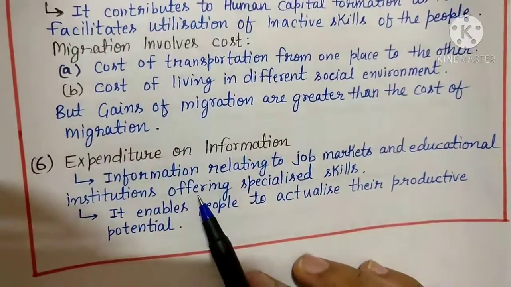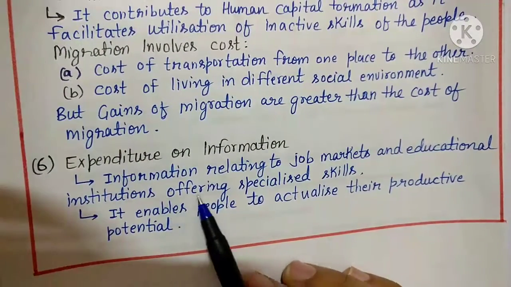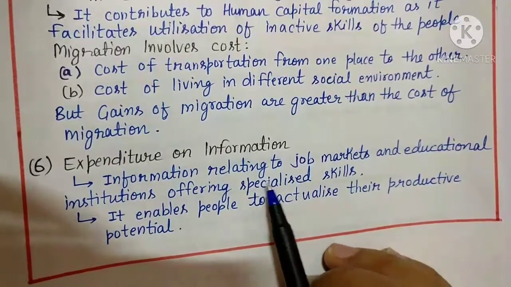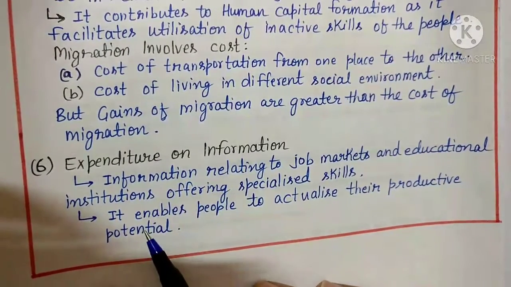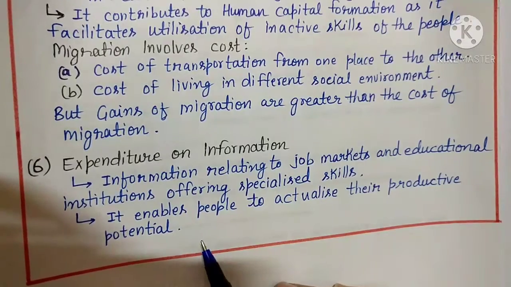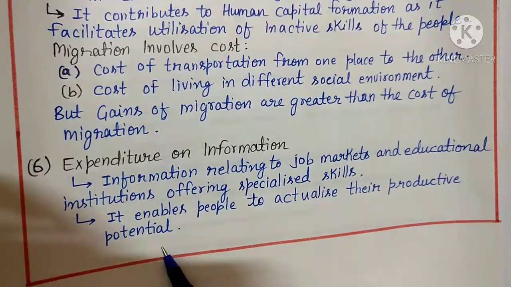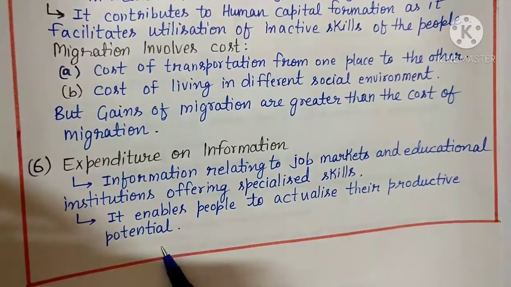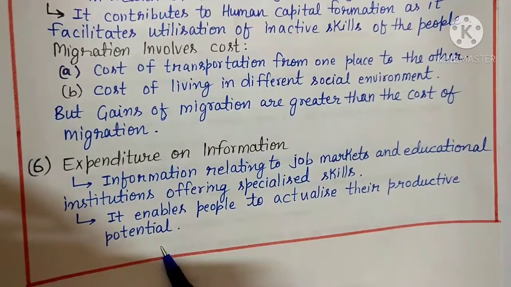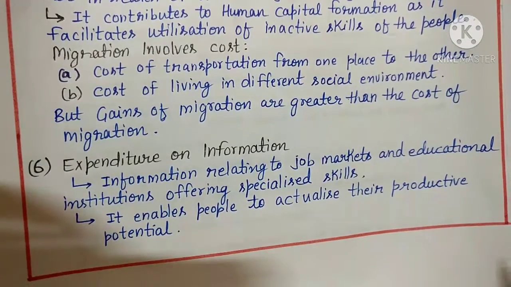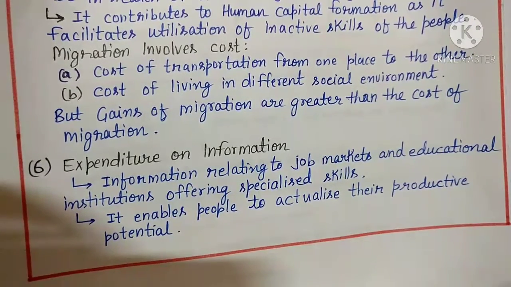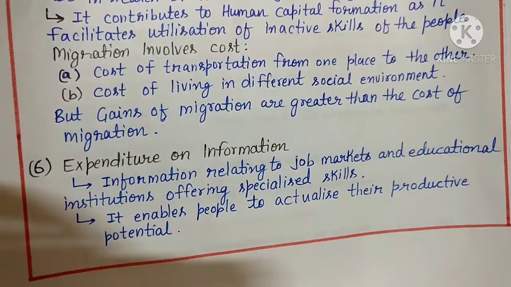Then comes expenditure on information. Information relating to the job markets and educational institutions offering specialized skills enables people to actualize their productive potential. When we get information that this type of job is there in this market, and that type of job is in that market, and which institutions offer specialized skills, then by acquiring these skills we can get jobs in higher institutions.